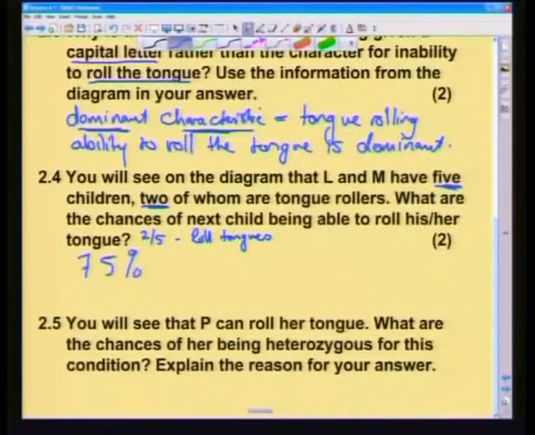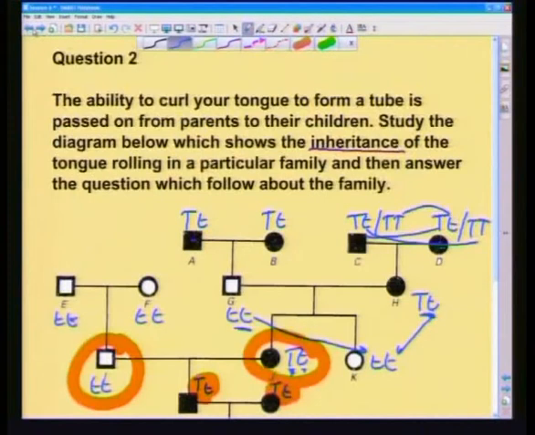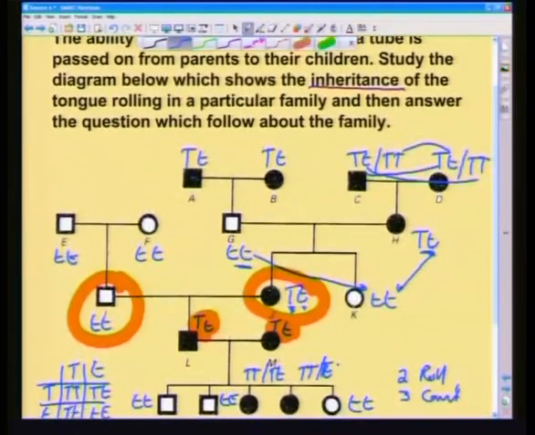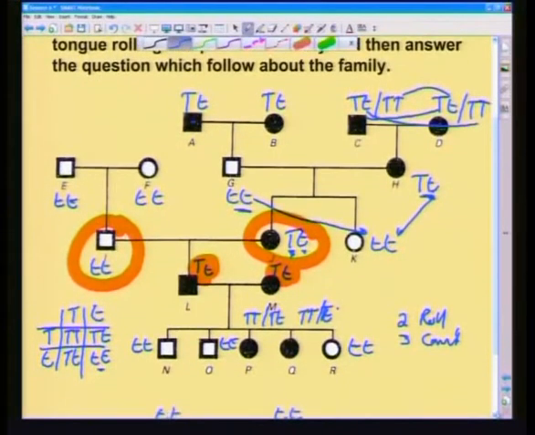All right, now, you will see that P can roll her tongue. What are the chances of her being heterozygous for this condition? Explain your answer. So we're now looking at P. P is able to roll her tongue. So what are the chances that she's heterozygous? It will be 50%.